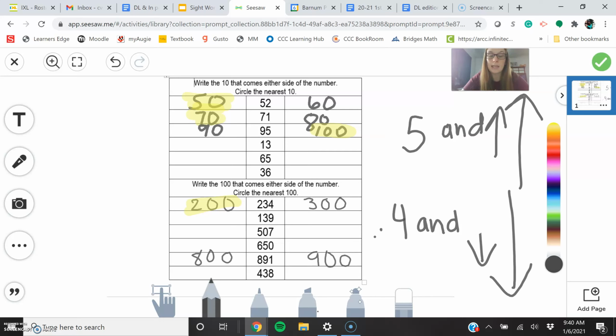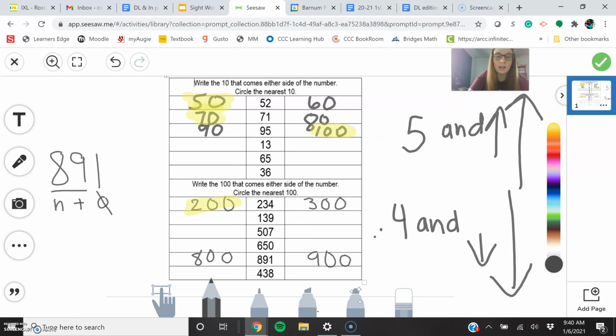Now I have to decide, is 891 closer to 800 or is it closer to 900? Now I want to point something out to you that is kind of a cool trick you can see. In 891, if I were to just look at the first two digits on the left-hand side, so my hundreds and my tens place, and right now I'm just going to ignore the ones place, okay? So I'm going to look at 89.